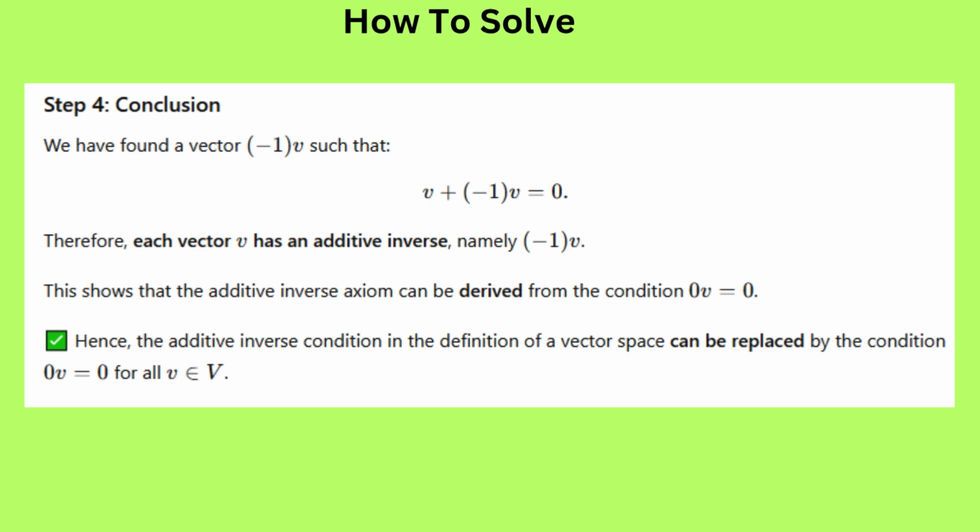Negative 1 multiplied by v. This shows that the additive inverse axiom can be derived from the condition 0v equals 0. Hence, the additive inverse condition in the definition of a vector space can be replaced by the condition 0v equals 0 for all vectors v in that space.